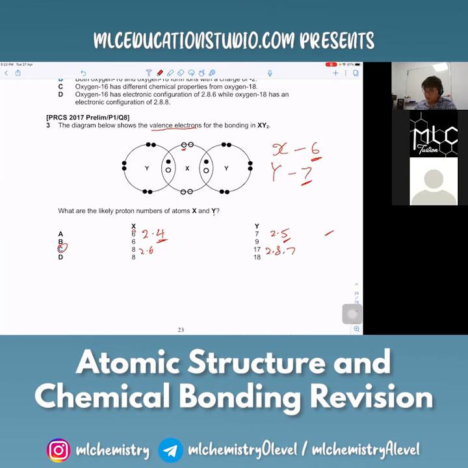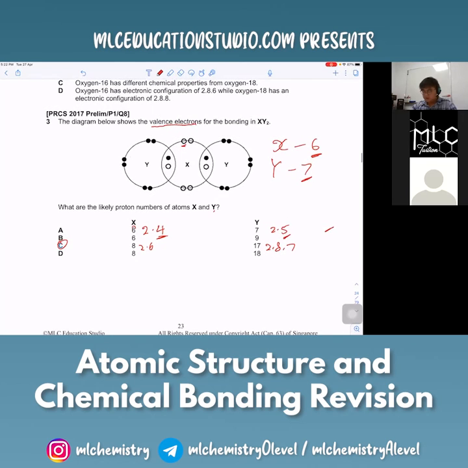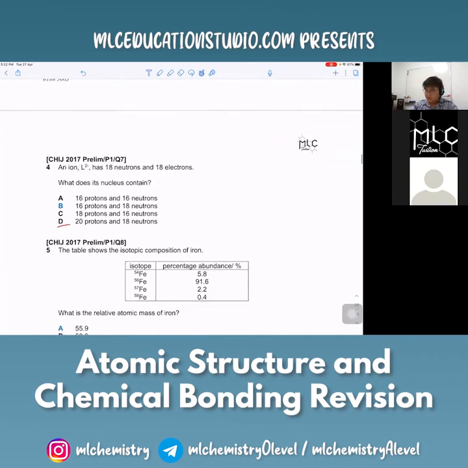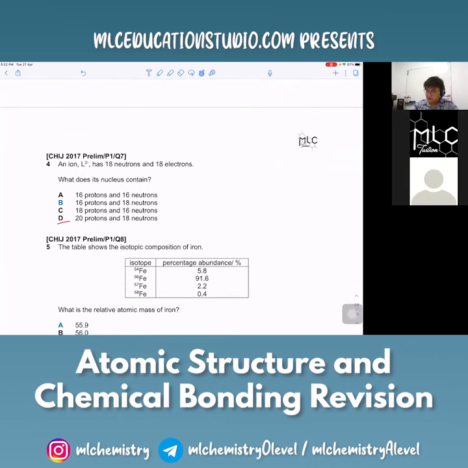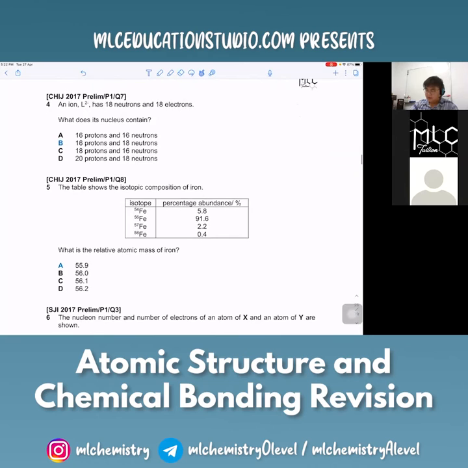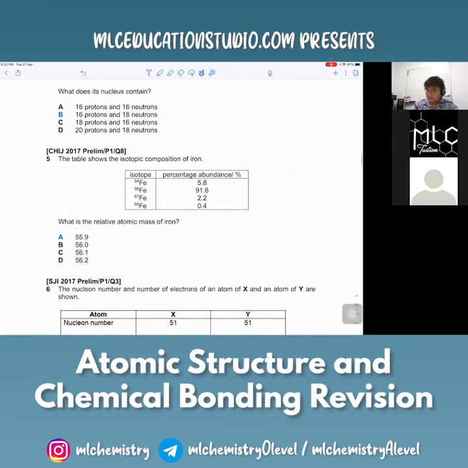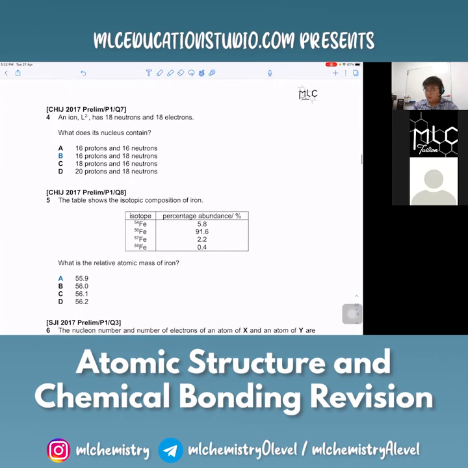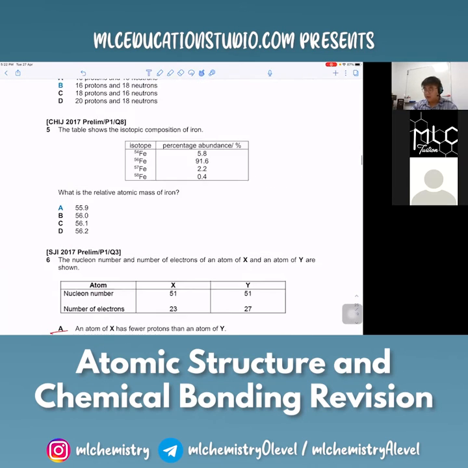Okay, are you done? Can I get your answers for 4, 5, 6? 4 is B, 5 is A, 6 is C. I put A. Okay, so for 6 you put A. So 4 and 5 you got it correct.